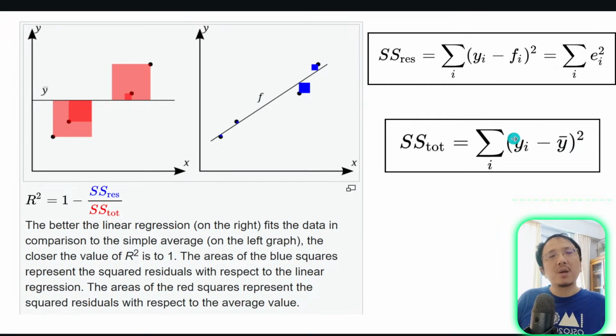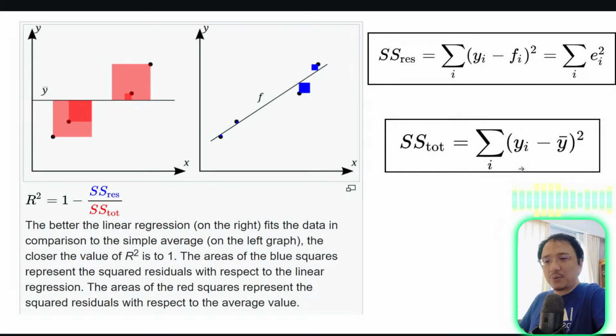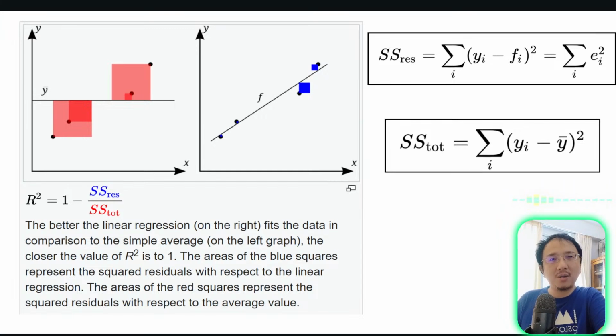So the idea is comparing your fancy advanced model with some baseline estimation. The estimation is just, we simply predict the result by using the average of the result to see what the error is. So if you are doing a very good job, this should be much less than this guy.